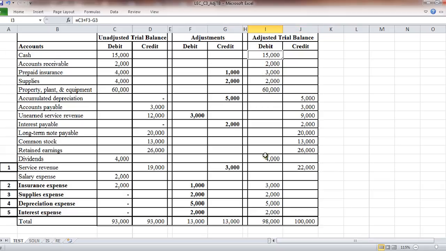So what probably has happened is, since we know our debits and credits equal in adjustments, I have missed adding in something. This is $2,000 lower.